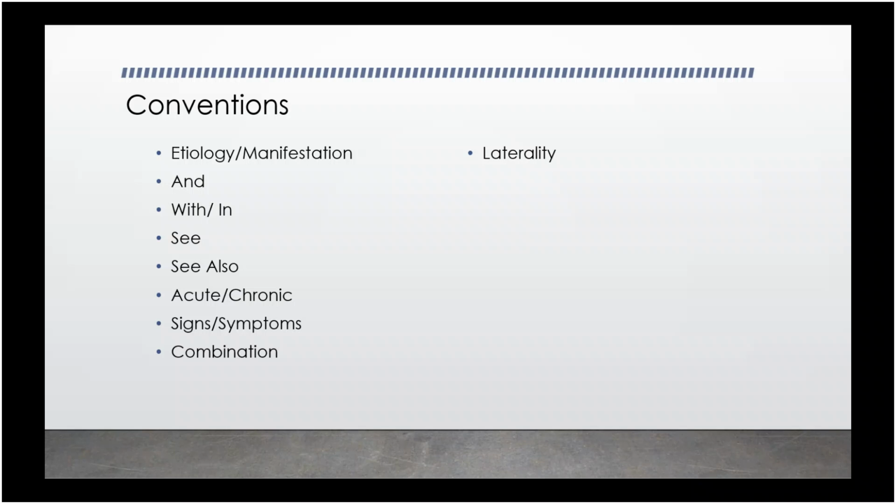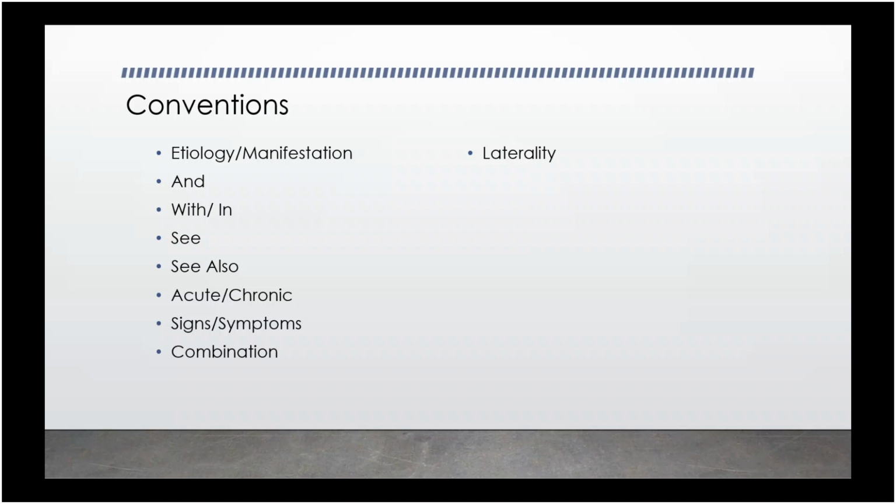Combination codes. Combination codes are where you have one code that is for multiple conditions. So it's an etiology and a manifestation, or a manifestation and a complication that goes together. So for example, we could have edema, which is swelling that's due to salt retention.